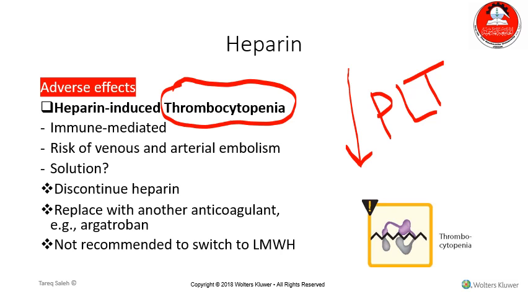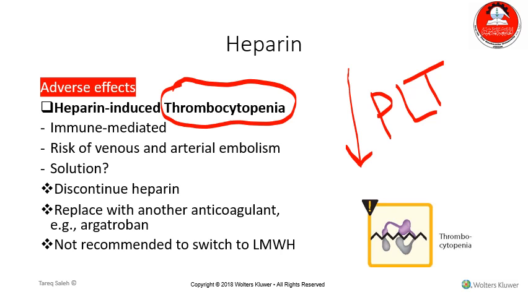So heparin-induced thrombocytopenia can increase the risk for arterial and venous emboli or embolism. This means that you can't just simply stop heparin, because you are already using heparin as an anticoagulant to prevent further formation of thrombi.